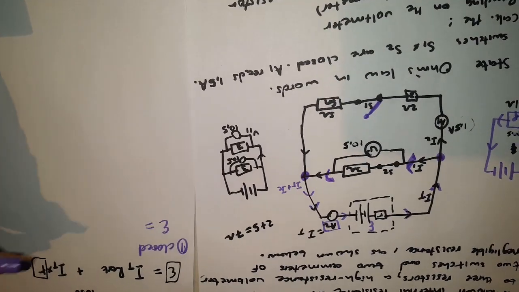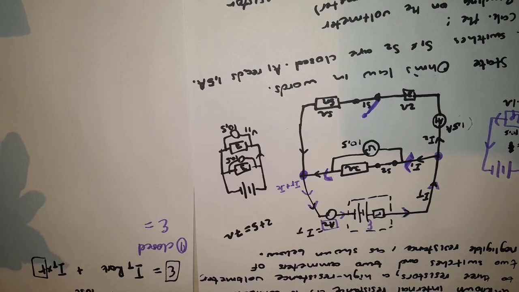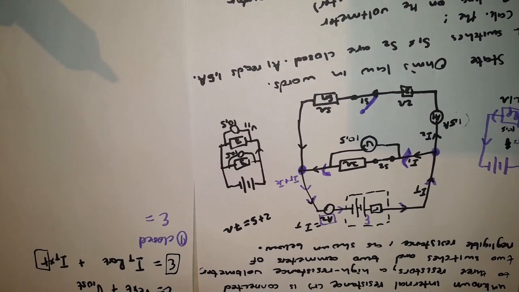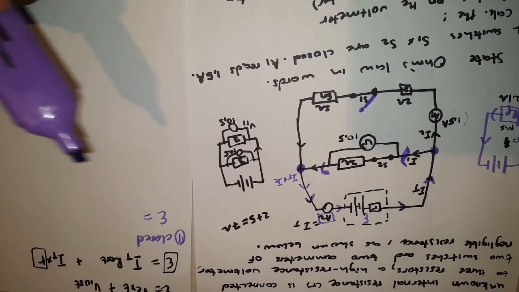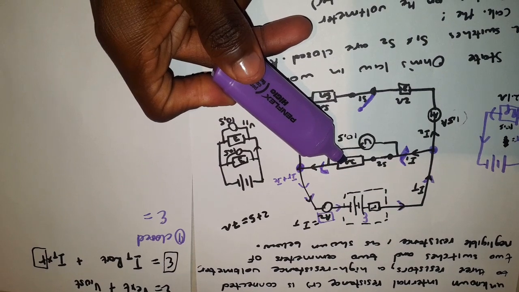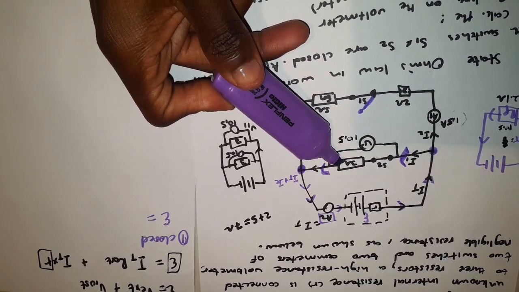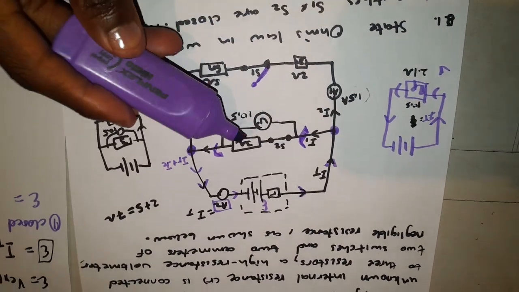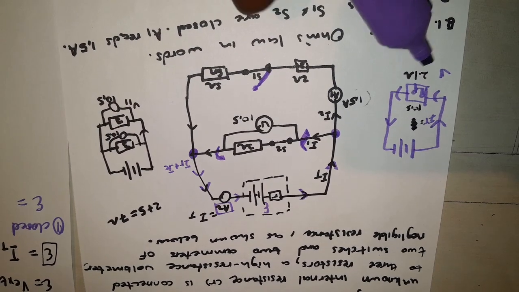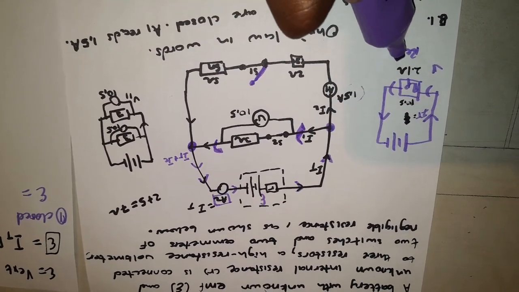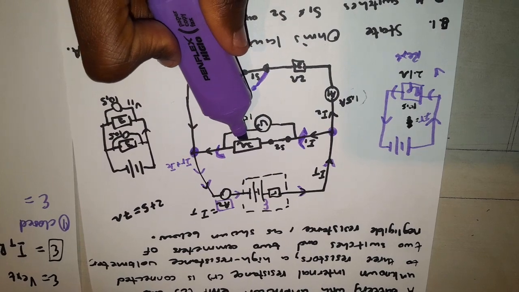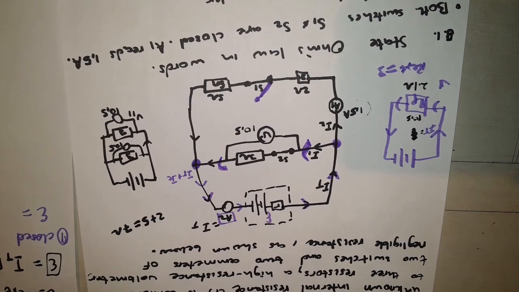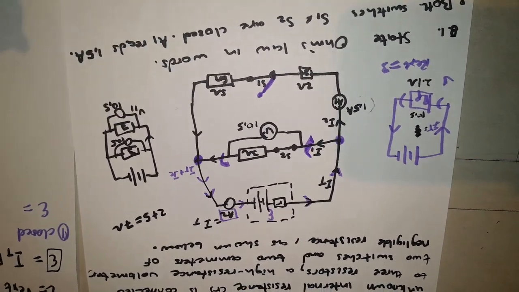The current has now decreased because the resistance has increased. Remember, whenever we were doing this R parallel, it gave us 2.1, but right now the R external will be only the resistor 3, which means that the resistance increases, so that's why the current decreases.